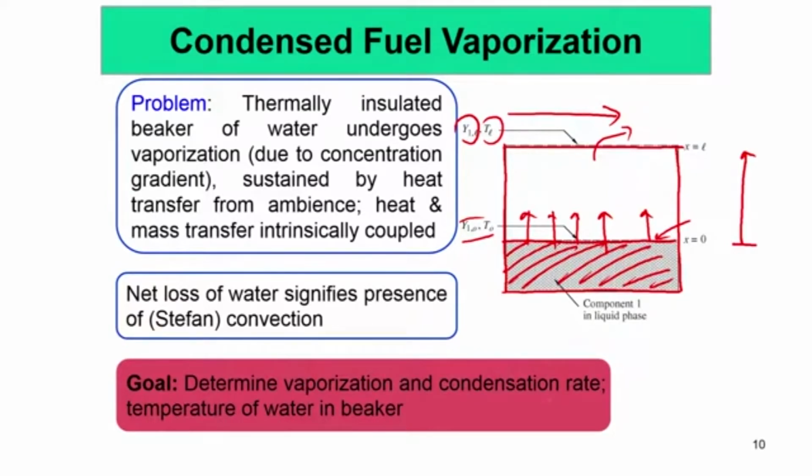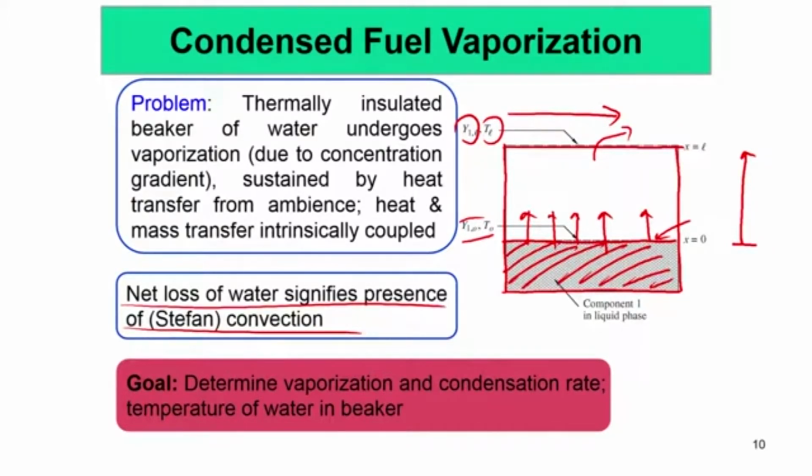So this diffusion of the liquid is essentially driving the convection, and that is called the Stefan flow. That is, the net loss of water signifies the presence of Stefan convection.